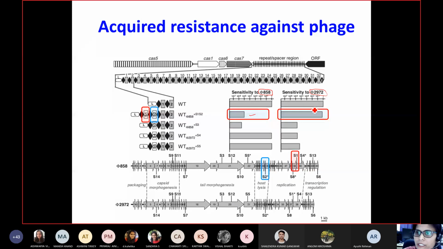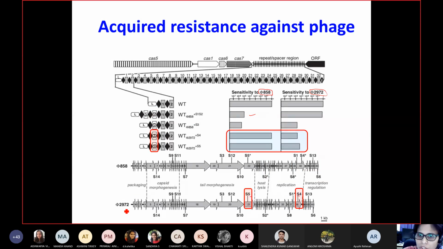In the second case, when they acquired some sequences from, for example, S5 or S4 from strain number 2972, as can be seen here, then they are only sensitive to this particular 2972, and they are not resistant to 858 sequences.